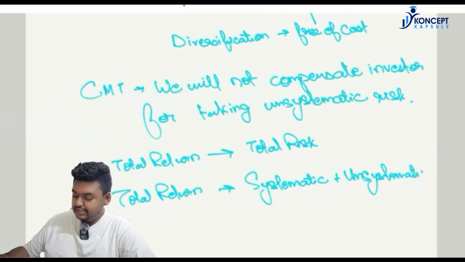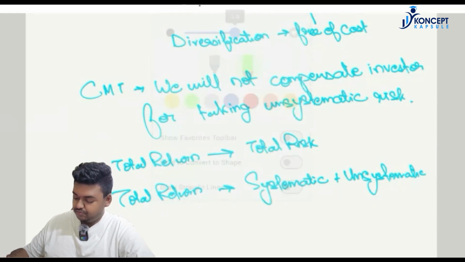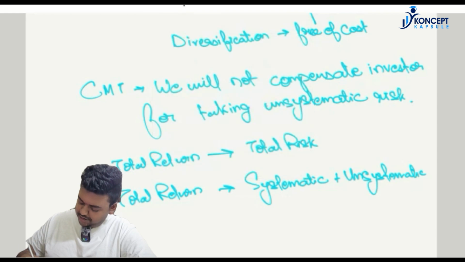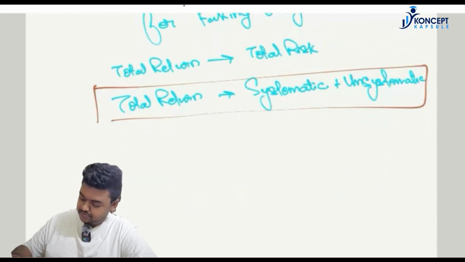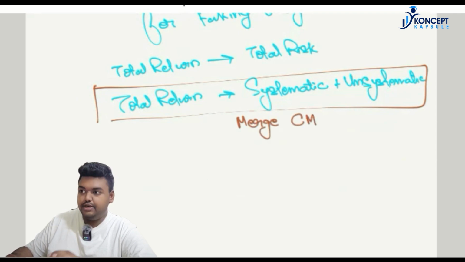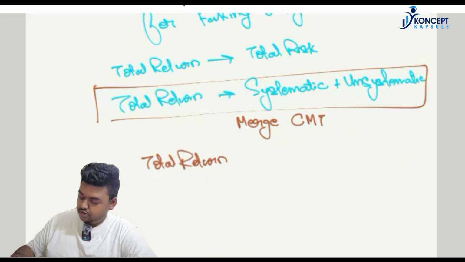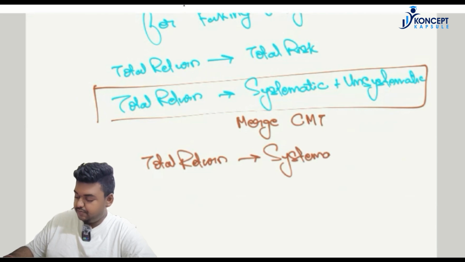Now, if I apply this logic and merge this with capital market theory, then your total return should be based on systematic risk. Why?